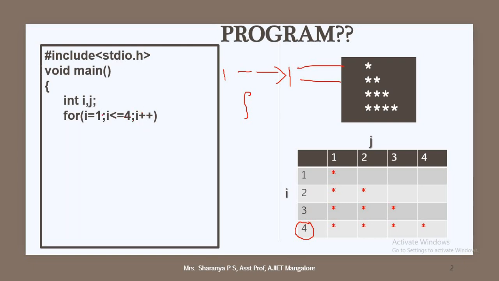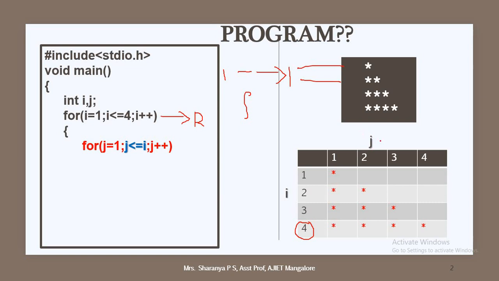Parallelly we are incrementing the i value, and this is what we refer to as the outer loop, which is used for printing the rows in the pattern. Now what is the inner loop?